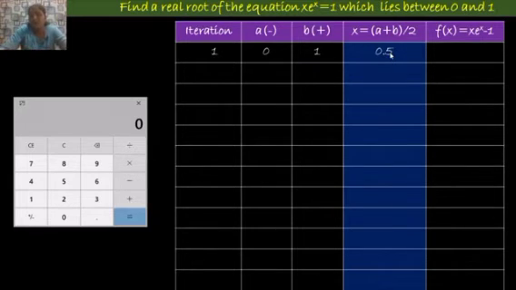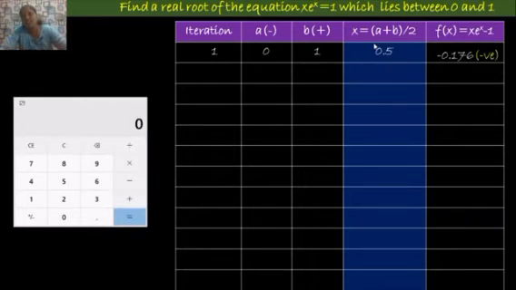At 0.5 the function takes the value -0.176, that is a negative value, isn't it? If it is negative, you have to replace the value of a. So for the second approximation, you replace a, that is 0, by 0.5, and b stays as it is, that is 1, and adding and dividing by 2 you get 0.75.